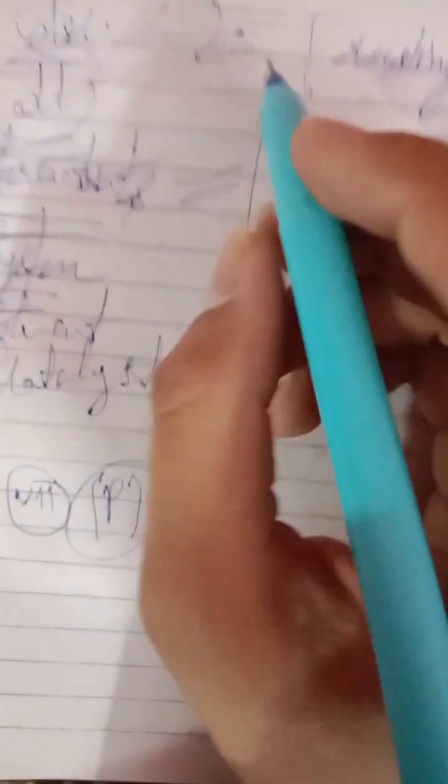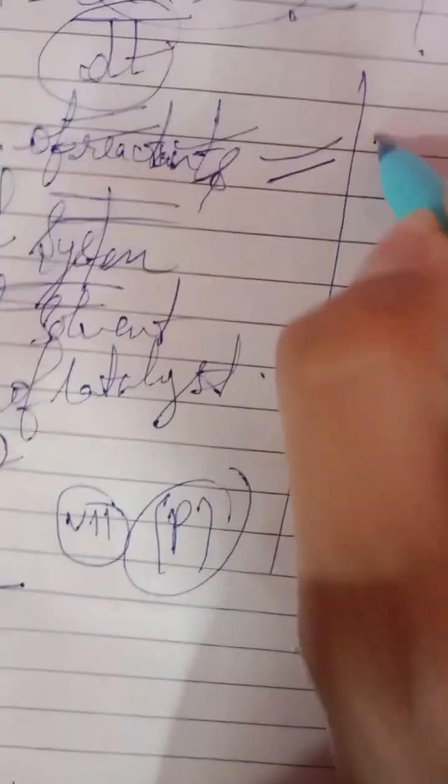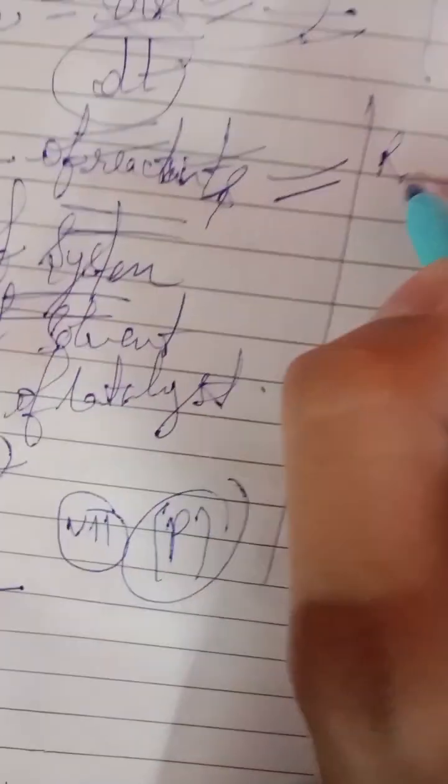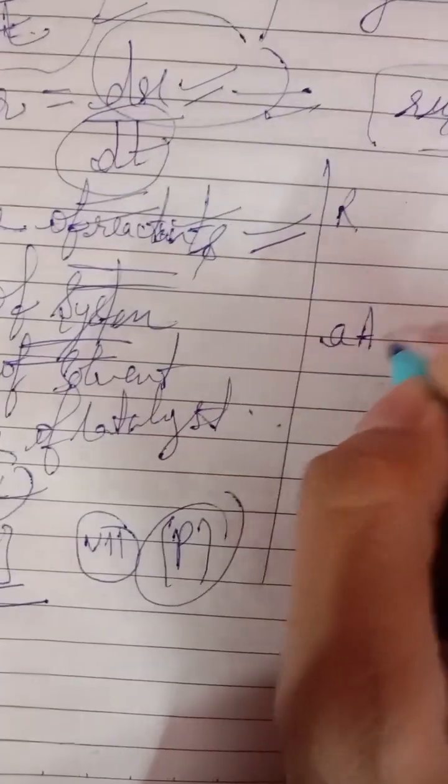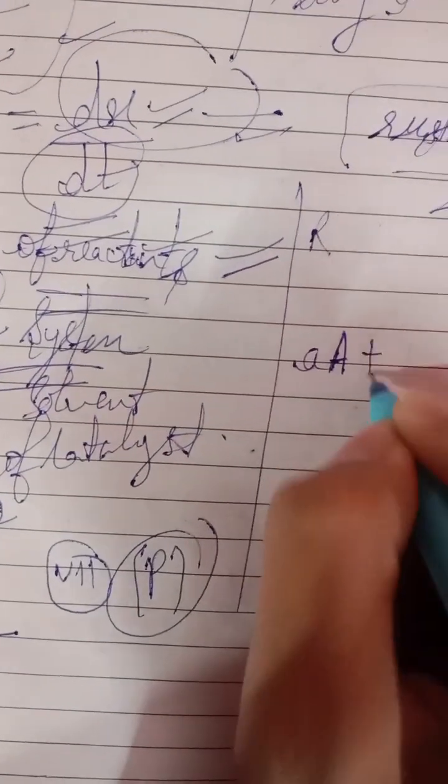Now, let's express the rate of a particular reaction. Suppose capital A moles of a reactant A and small b moles of a reactant B give some product.